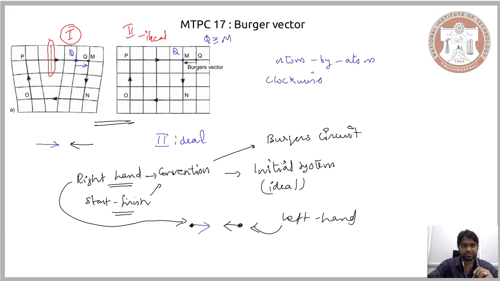In this case, what we have is a positive edge dislocation. We have the extra row of atoms present here, and the dislocation line is here. So that means we have a positive edge dislocation. Now it is also possible to have a negative edge dislocation if the extra row of atoms is found below the dislocation line.